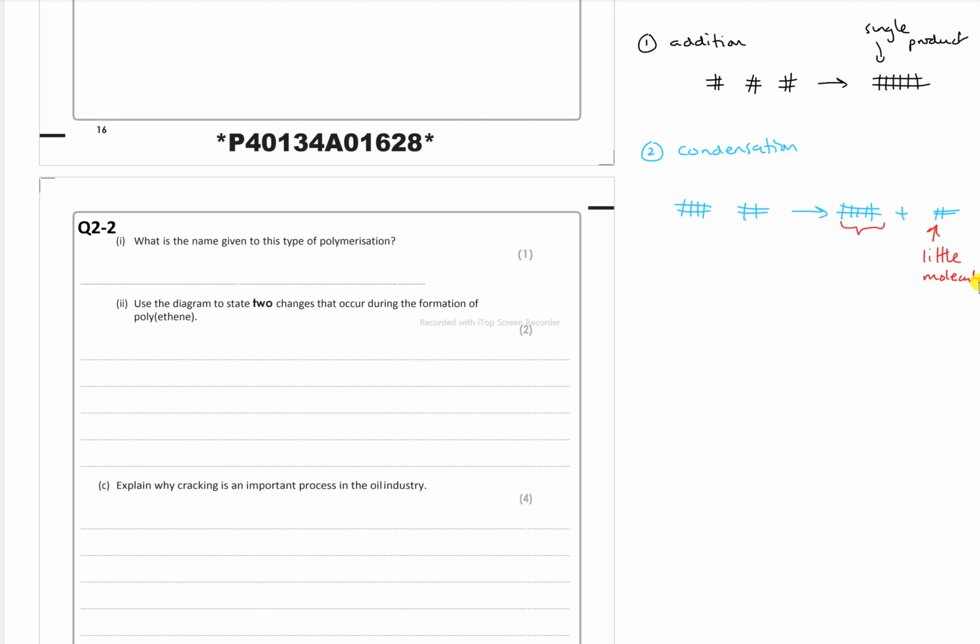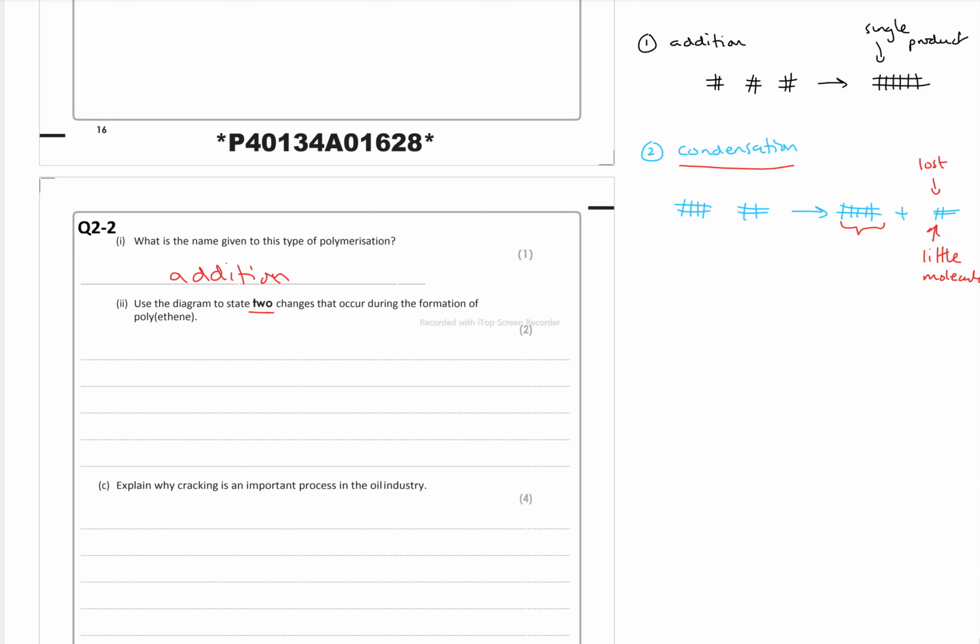So you've got more than one product. This is called condensation polymerization, because you've lost this little molecule. It has been condensed. What is this called? This is called addition polymerization.